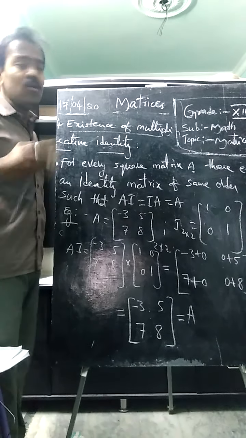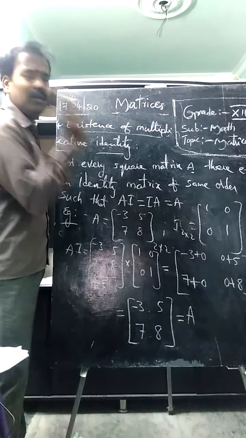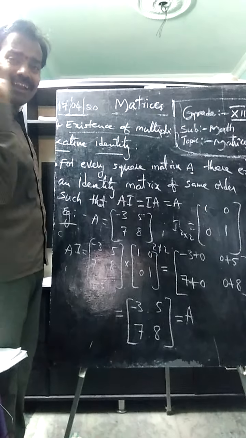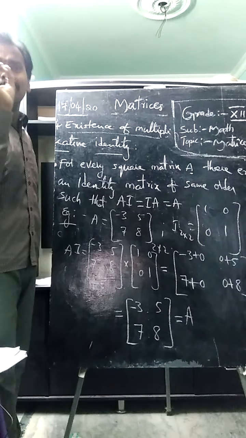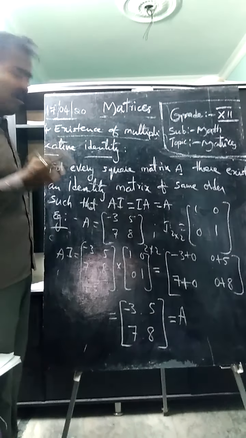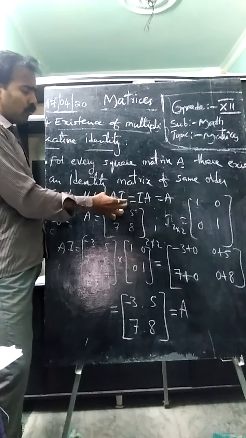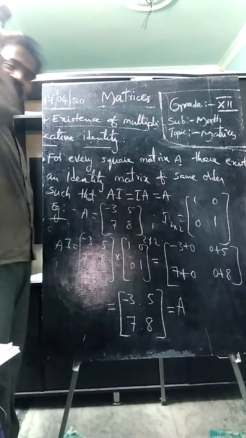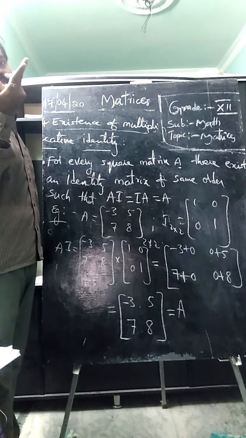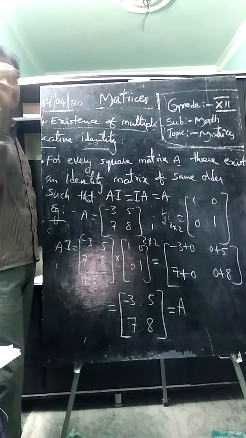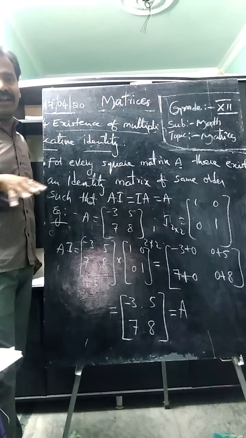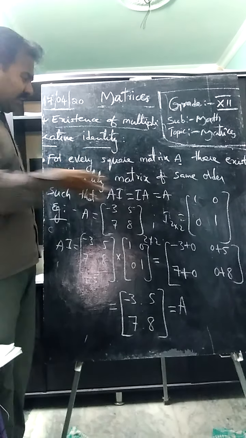For a rectangular matrix, two different identity matrices may exist, because it is not possible to prove AI equals IA in the case of a rectangular matrix. That is why we cannot apply it exactly like this there, but in a square matrix it is possible.